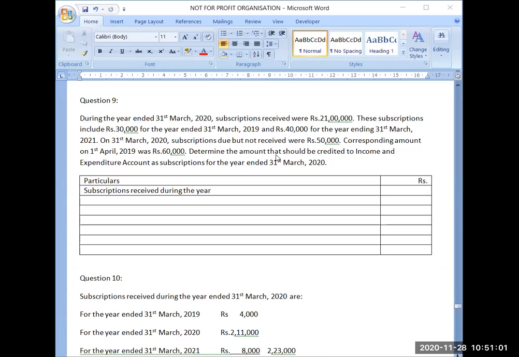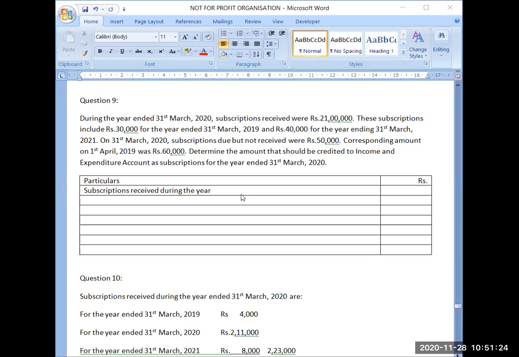On 31st March 20, subscriptions due but not received were rupees 50,000. Corresponding amount on 1st April 19 was rupees 60,000. Determine the amount that should be credited to the income and expenditure account as subscriptions for the year ended 31st March 2020.